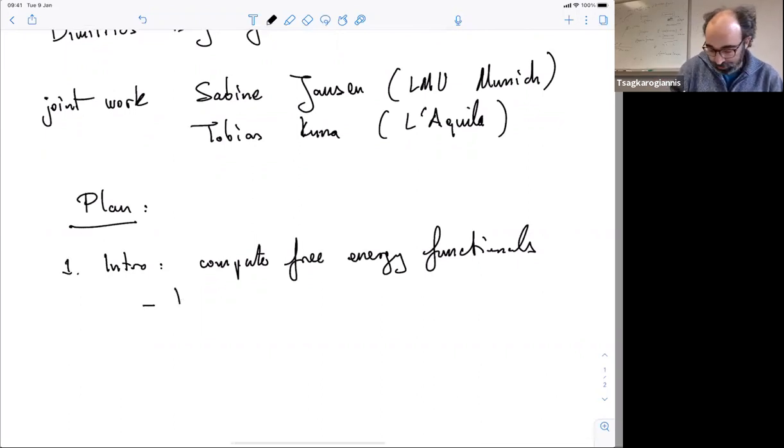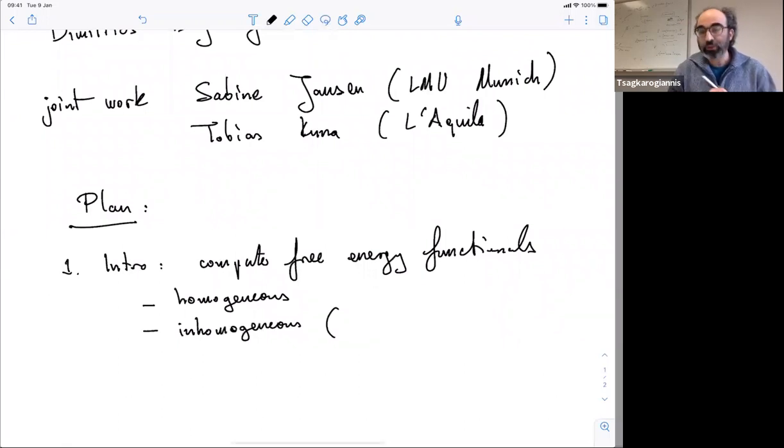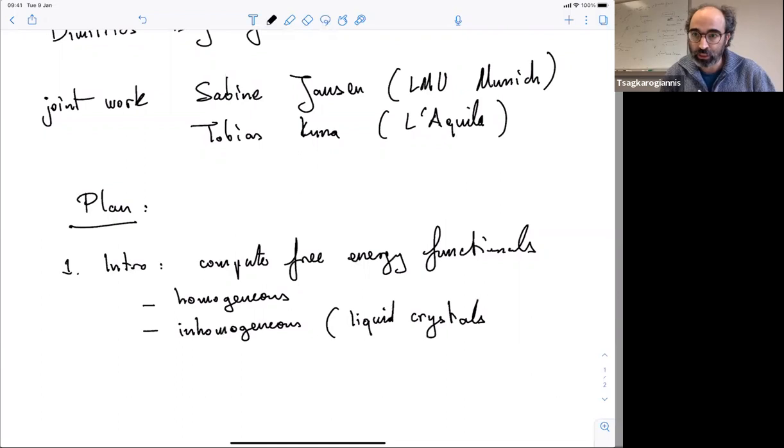A simple one, which is the homogeneous case, and this work is about the inhomogeneous case, which is particularly interesting in a series of applications. In particular, we were inspired by liquid crystals, and I will focus on that as I go on, but it can be generalized in other scenarios.